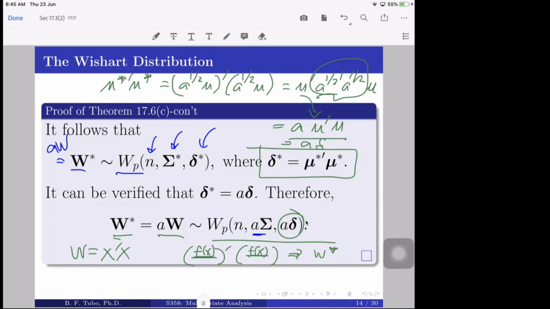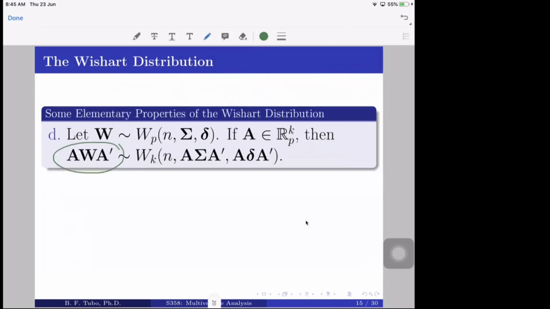Okay, so this is another transformation, AWA prime. So it starts with a Wishart, and then you have a matrix here. So this is K by P, and then your prime will be P by K, and your W is P by P. No?